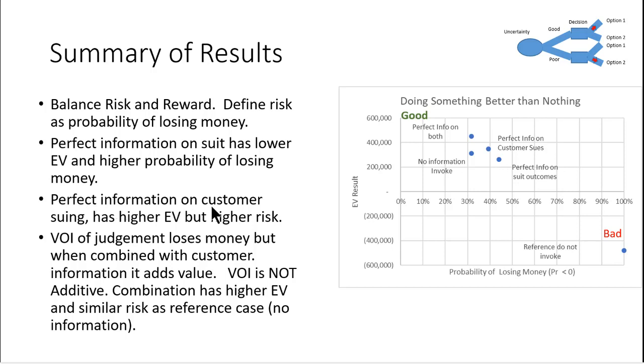Perfect information on the customer has a higher EV but also higher risk. And so whether one would take that option versus the no information is a function of their risk attitude.